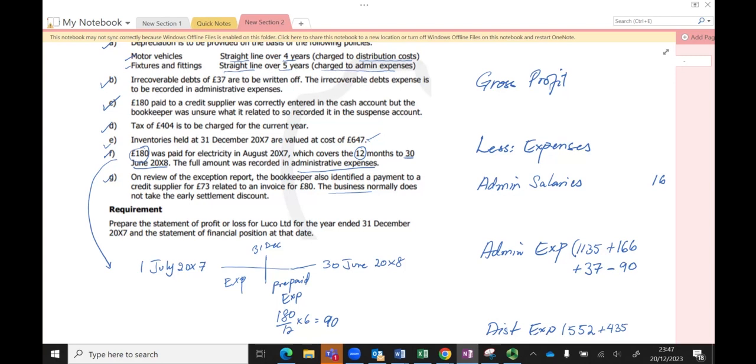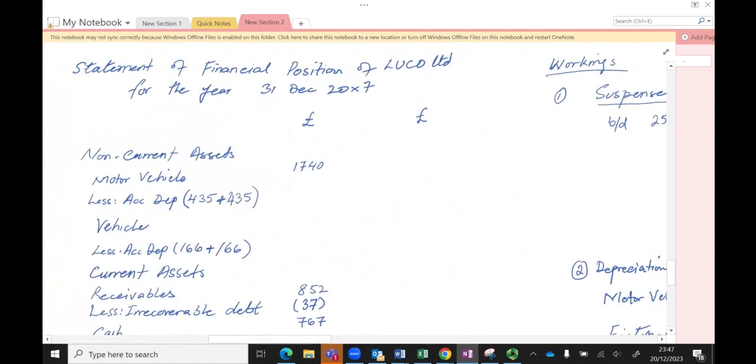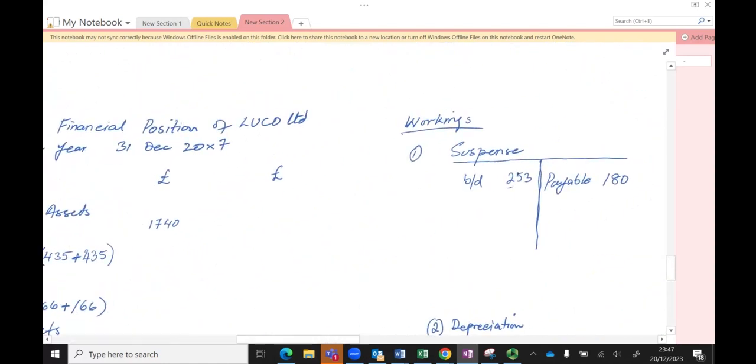So when he made the payment, he recorded bank credit £73 and suspense account debit £73. That's why we have a debit balance appearing in the suspense account over here.